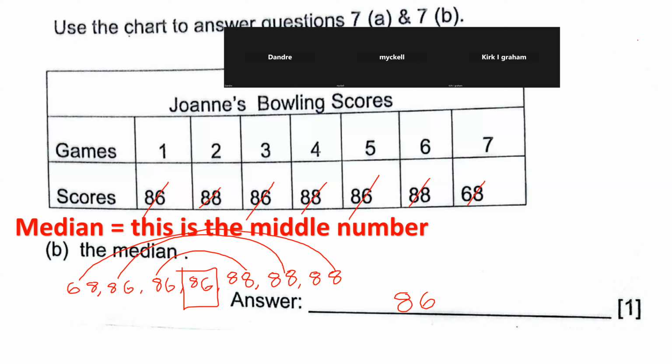Kirk, how must you arrange the numbers in order to find the median? You must arrange them from lowest to what? Highest. Good. So please remember that. And then you have to pick the what? I have to pick the middle number. Very good.